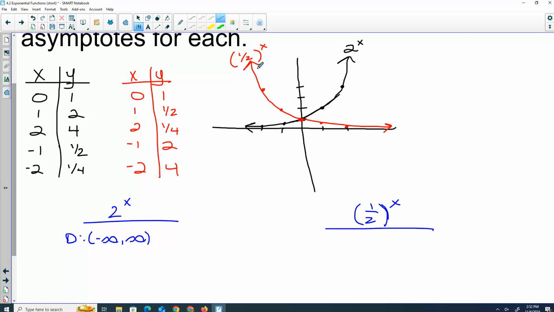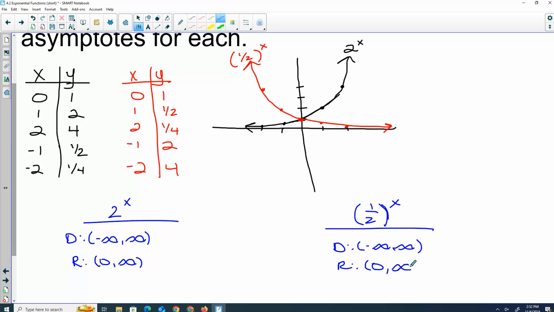What's the domain of the red one? What's the range of the black one? And we don't hit 0, so it gets a parenthesis. What about the other one?